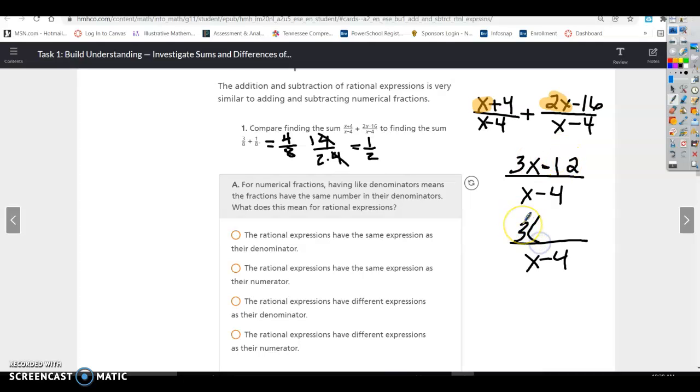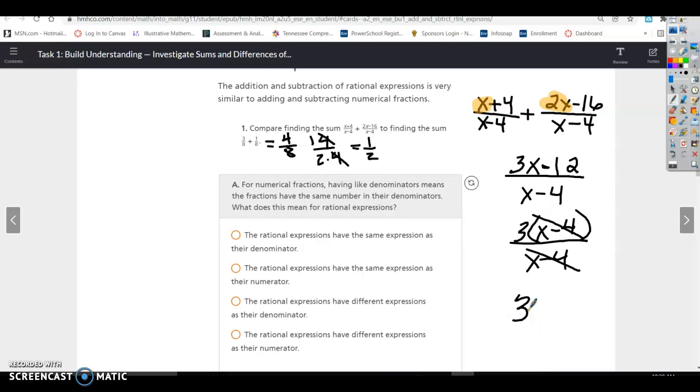If I factor 3 out of each term, 3 times x is 3x, and 3 times negative 4 is negative 12. I'm just using the distributive property in reverse in order to factor this expression. Now I have a common factor, just like I did with the 4's, and I can reduce that, and my answer is 3.